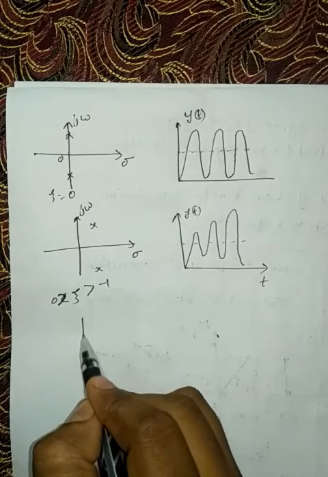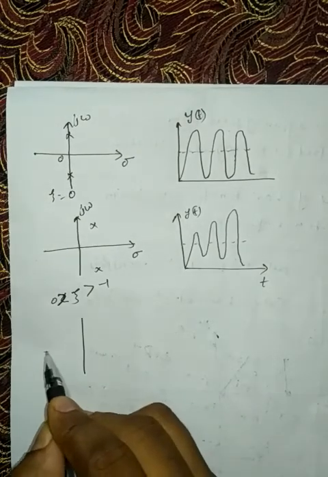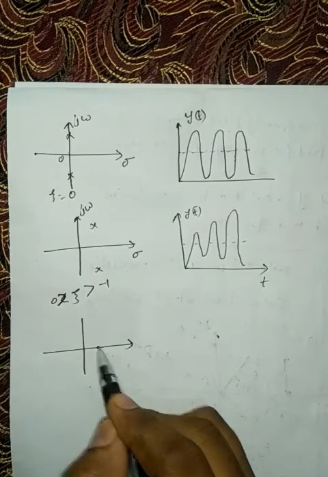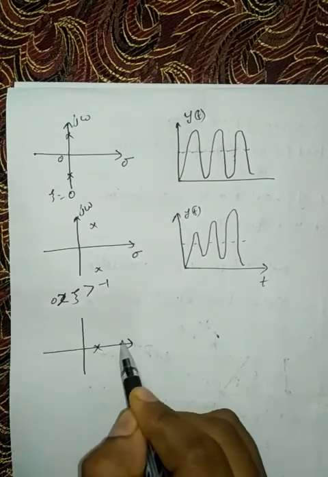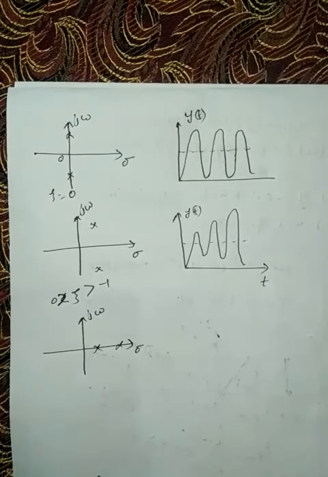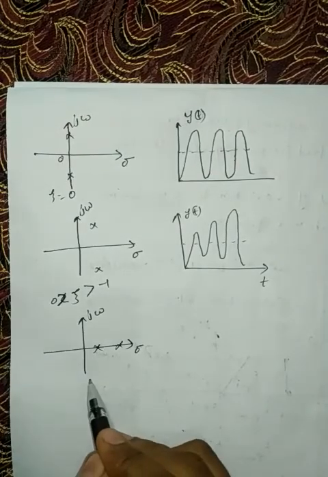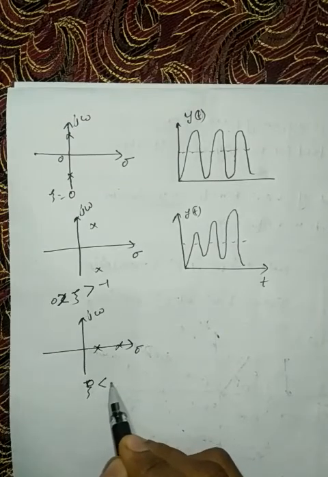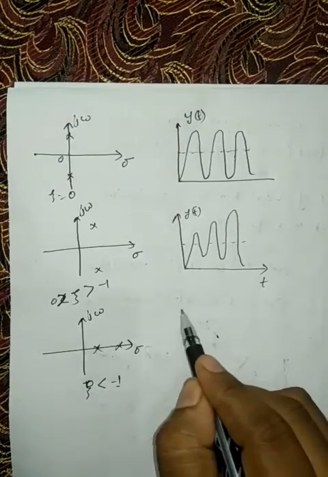And last case is if I have two real poles in the right half. In this case, zeta is less than -1.